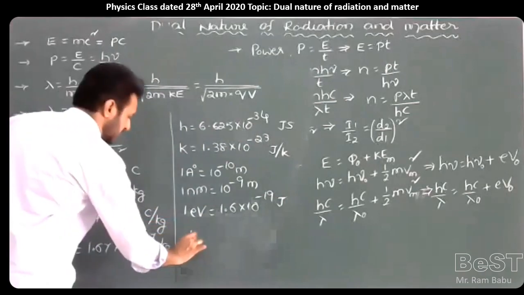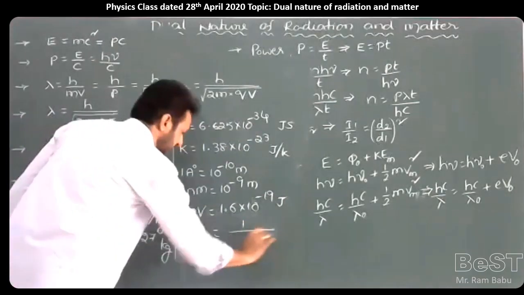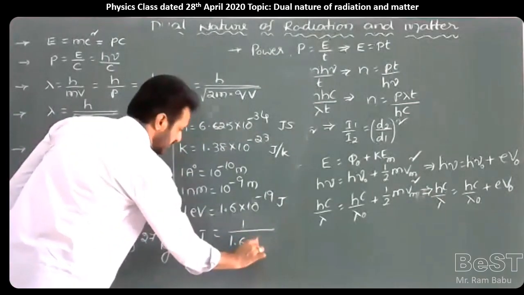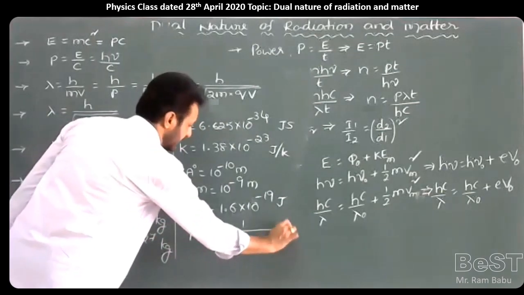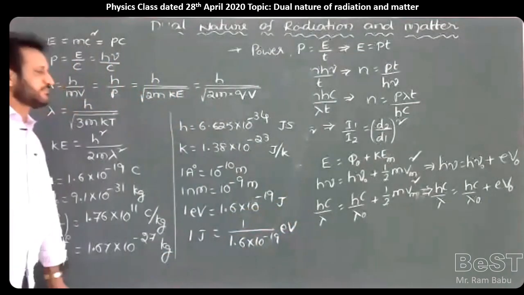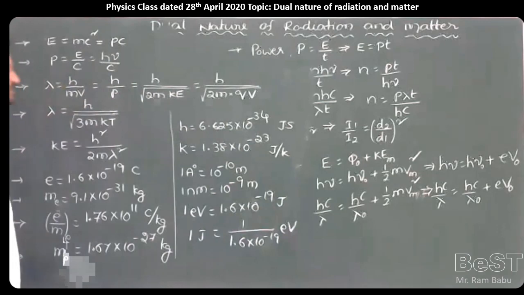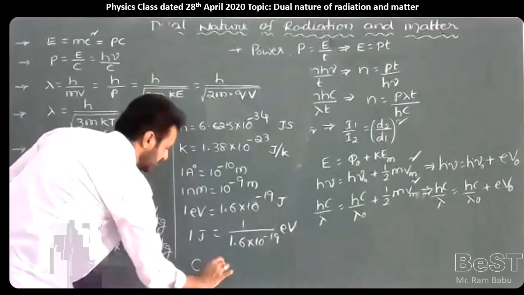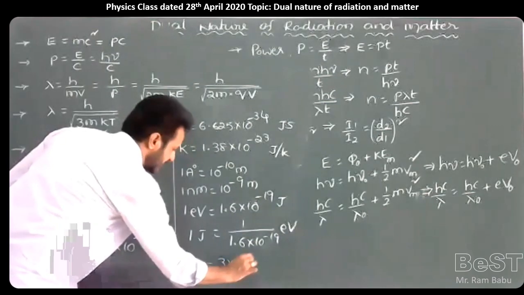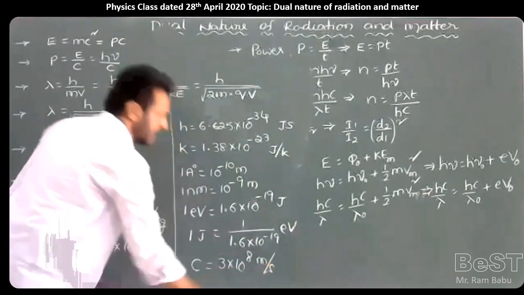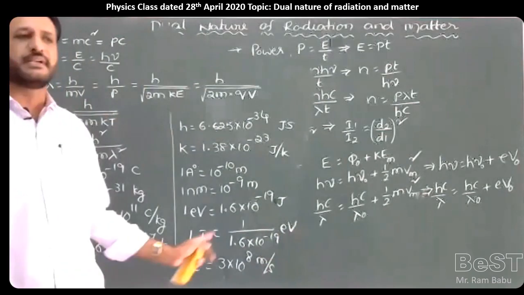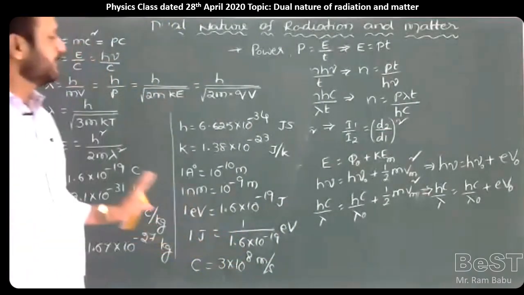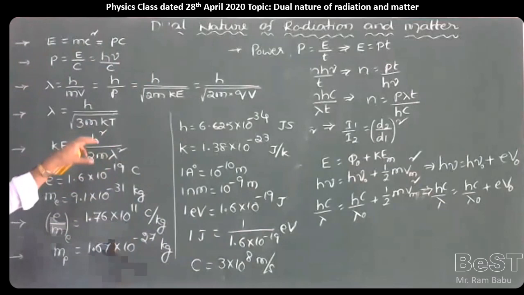So 1 joule is equal to 1 by 1.6 into 10 to the power of minus 19 electron volt. And the speed of light in a vacuum, we already know, is 3 into 10 to the power of 8 meter per second. So these are the important formulae and the important values.